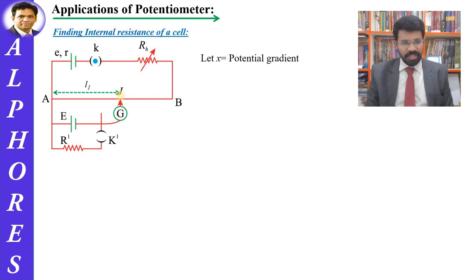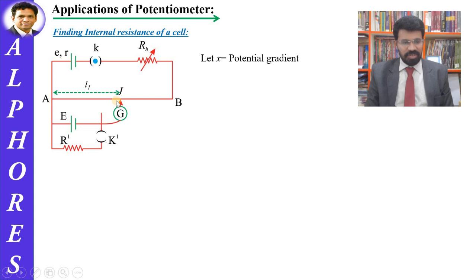Let me repeat this point again. When you tap the jockey here, if the galvanometer is not showing any deflection, it means current is not passing through this branch, because the EMF of this cell, capital E, has become exactly equal to the potential difference across this length L1.